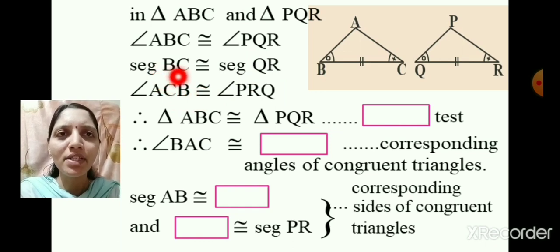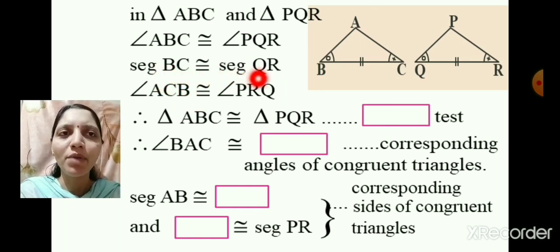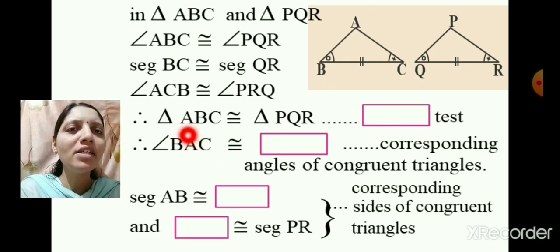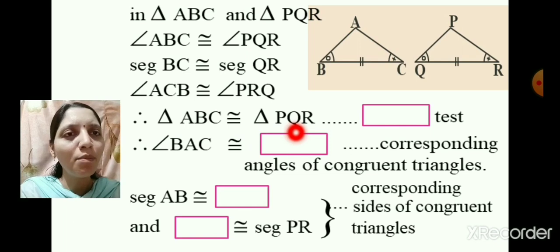Segment BC is congruent to segment QR. Angle ACB is congruent to angle PRQ. Now this is the information which is shown in the figure. Therefore, we can say that triangle ABC is congruent to triangle PQR.